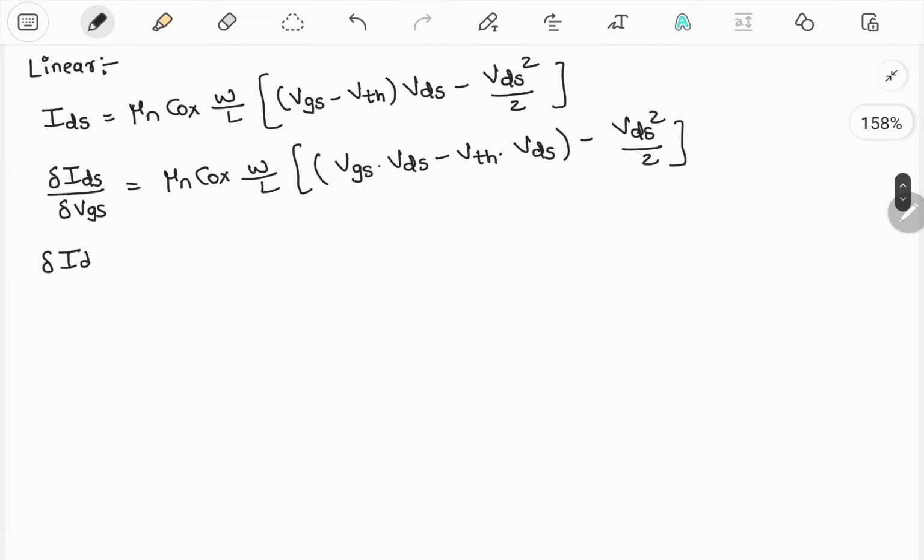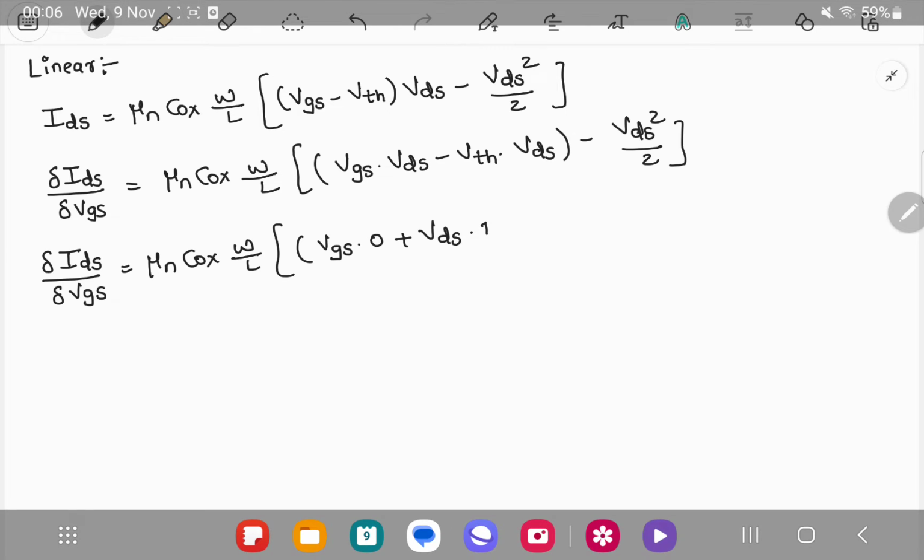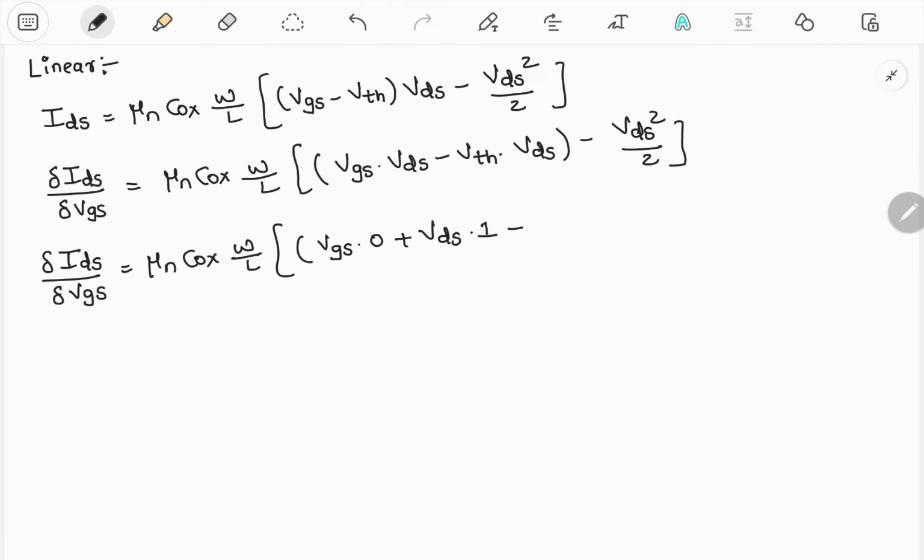Now this is Ids with respect to Vgs. Mu n C ox W by L is again constant. Try to apply the U dot V rule. Vgs is kept constant, so differentiating with respect to Vgs, this part will be 0, plus Vds into differentiating Vgs, which will be 1, minus Vth is kept constant.